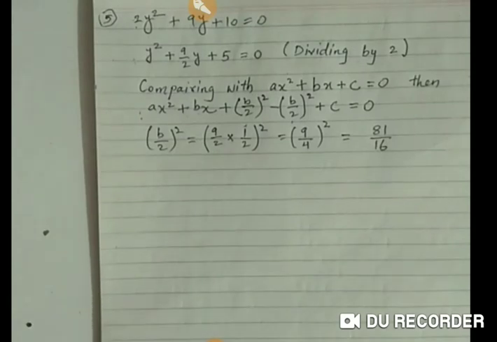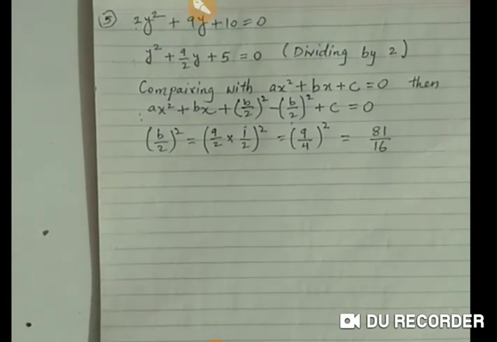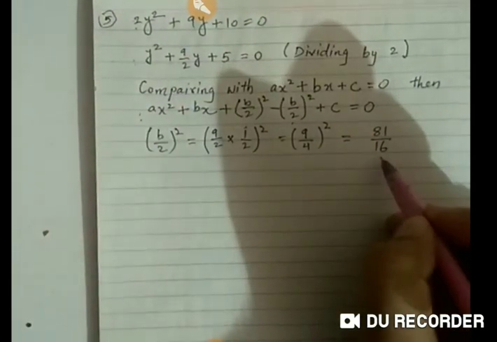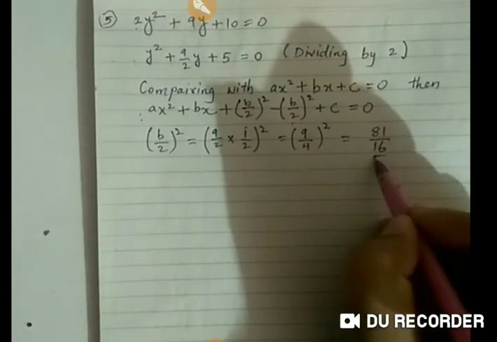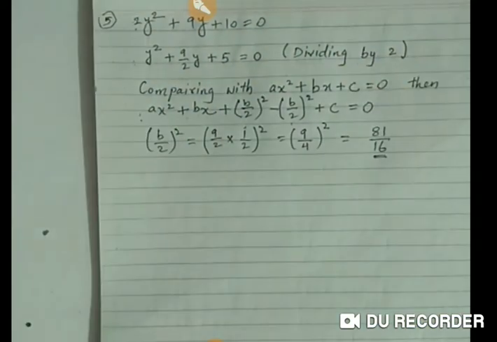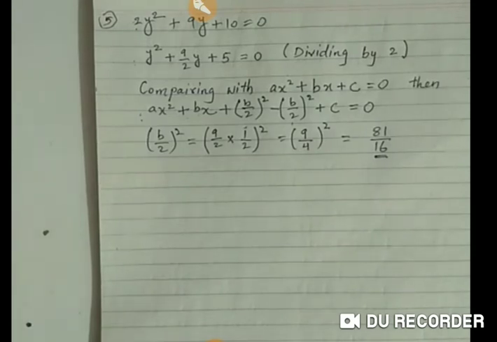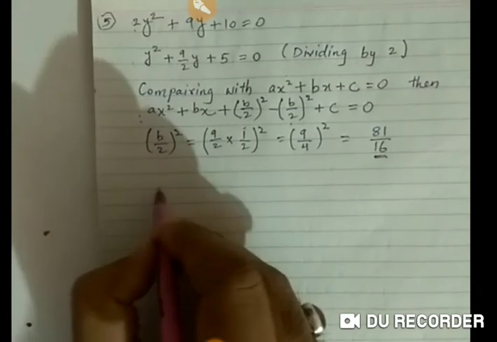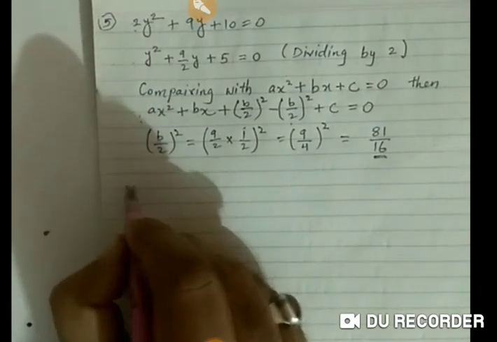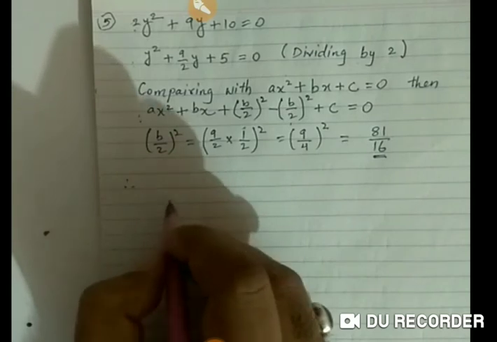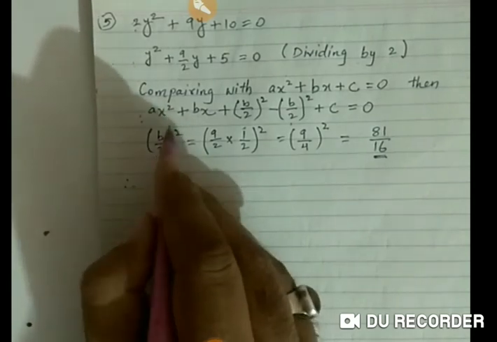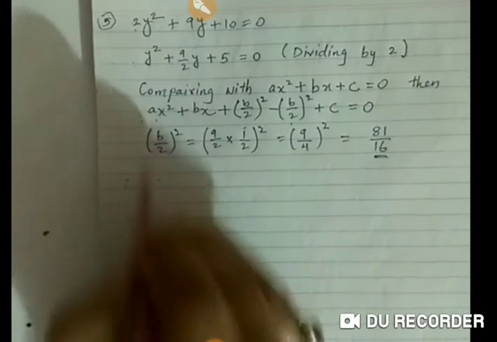What is next? We will add and subtract this 81 upon 16 in our original equation, which we obtained after dividing the given question by 2. So that equation is y square, that is ax square.